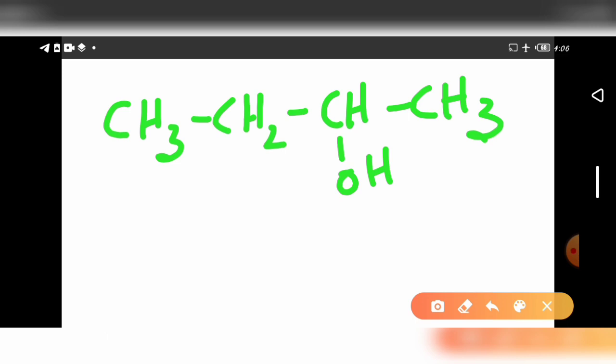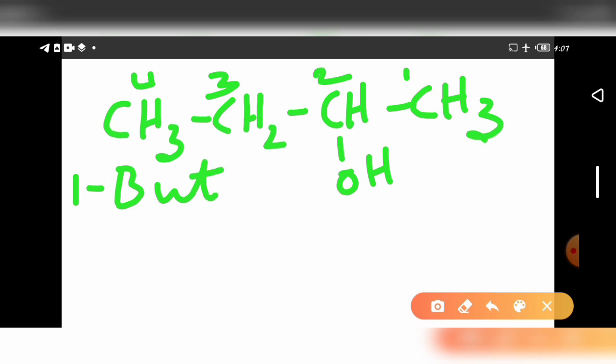First step, you have to identify the total number of carbons, that is 1, 2, 3, 4. So meth, eth, prop, but. So but. Next you have to identify whether the long chain has a single bond or double bond. It is a single bond.